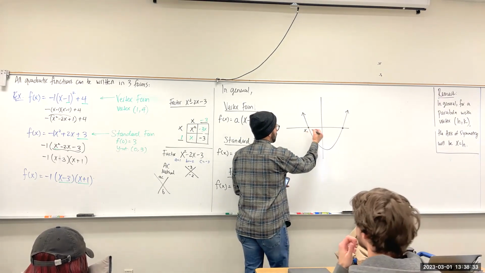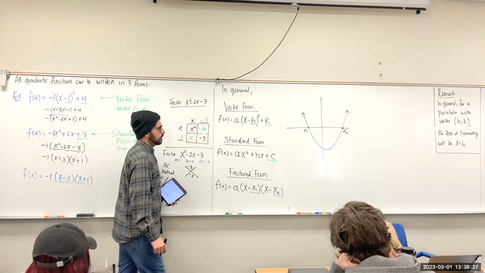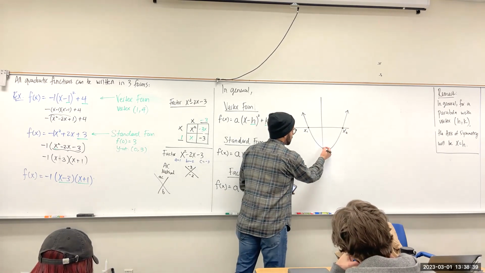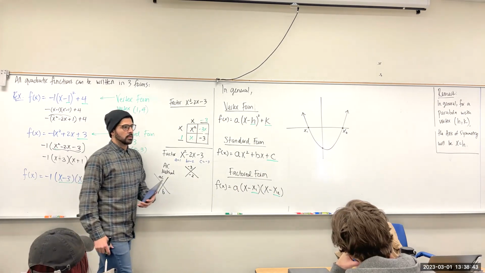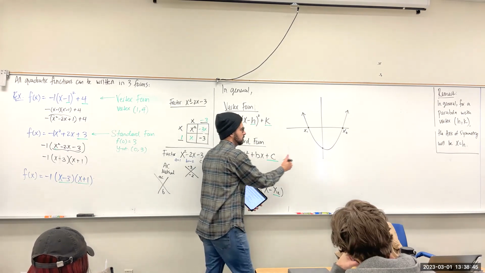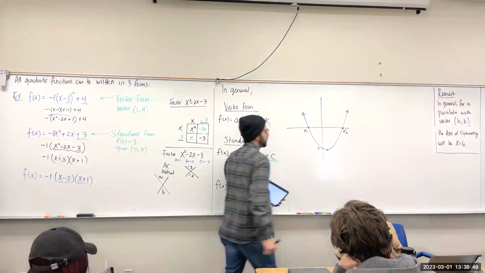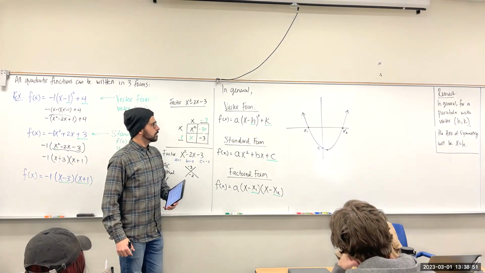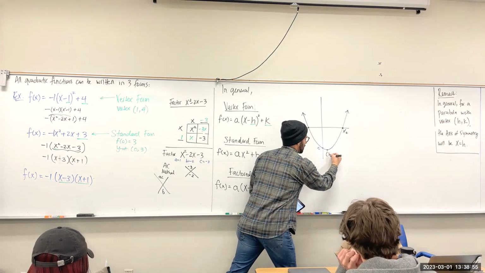So this is going to be X1, X2. What is the y-intercept? It's going to be the C value. What are going to be the coordinates of the vertex? H and K. Yes, it's all good.